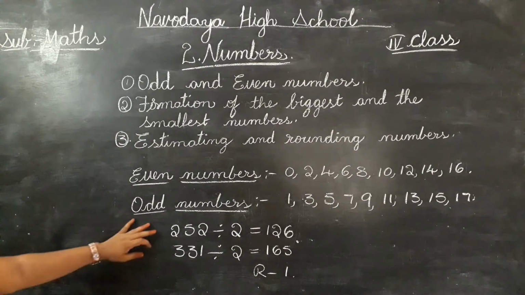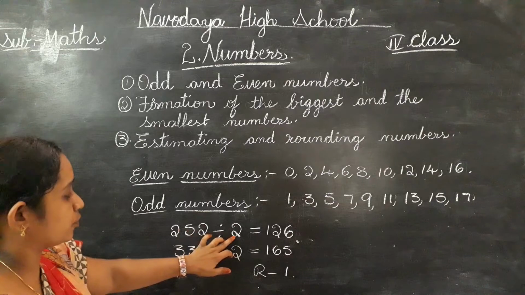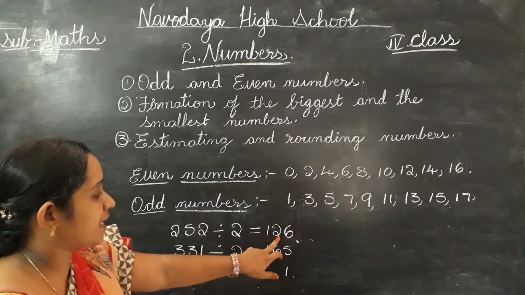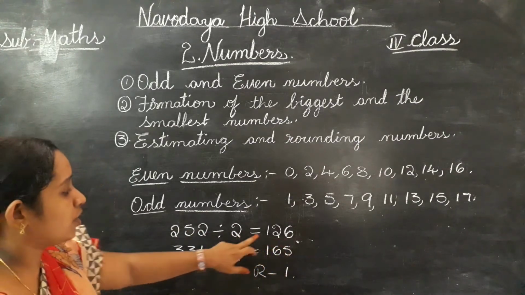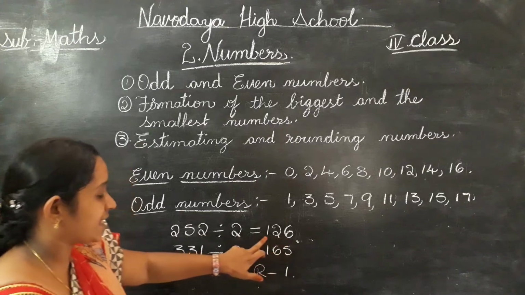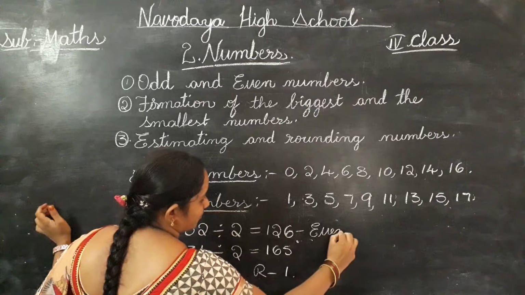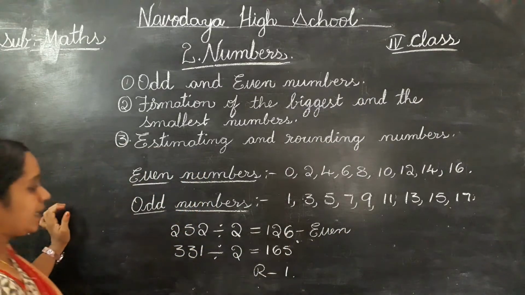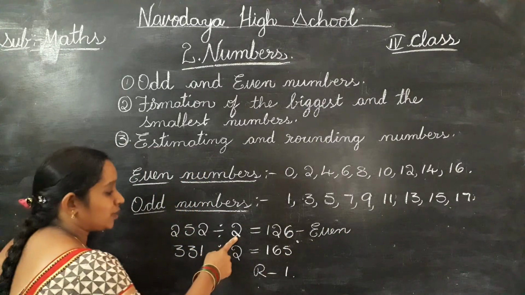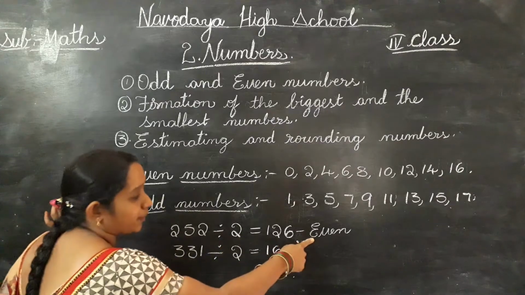Look here children. 252 divided by 2, we get 126. So 126 is an even number. Any number that is divisible by 2 is called an even number.